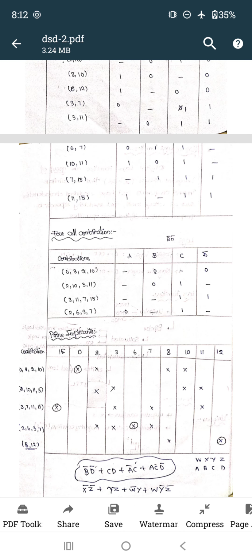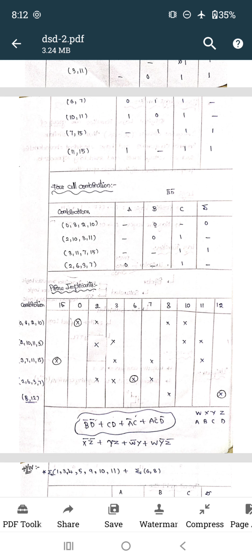Next we are going to form the prime implicant table. In the prime implicant table, first we write the combinations, then we put the cross mark, X mark, in the minterms. In the case of 0, 8, 2, 10, we put the cross mark in the 0th term, 2nd term, 8th term and the 10th term.